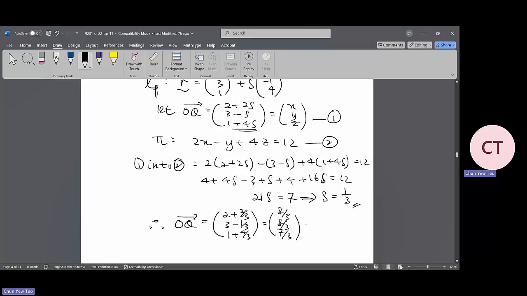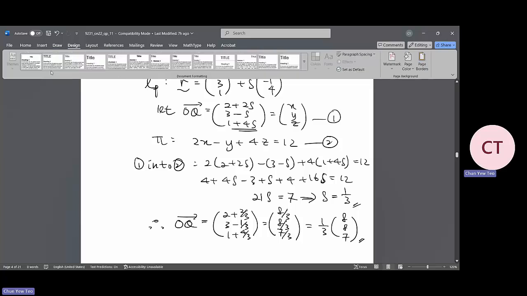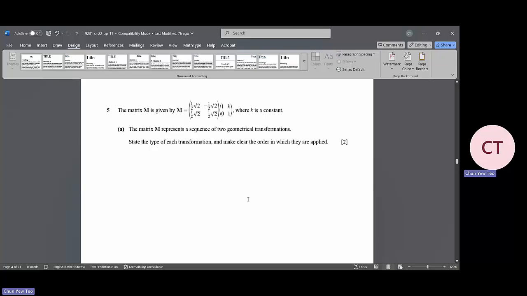So this is the answer for OQ, the position vector of the foot of the perpendicular from P, or you can just take the 3 out to make your expression look nicer. Done. This will be the answer for question number 4C. Okay, so now we move on to question number 5.